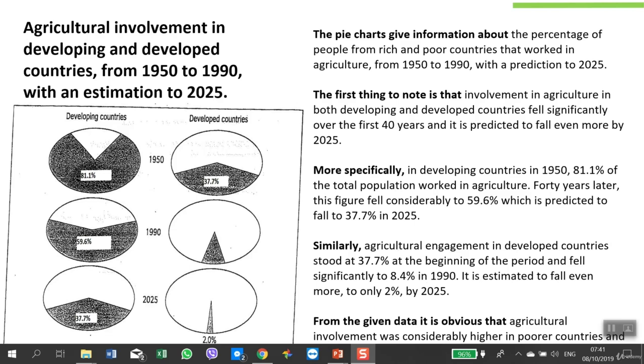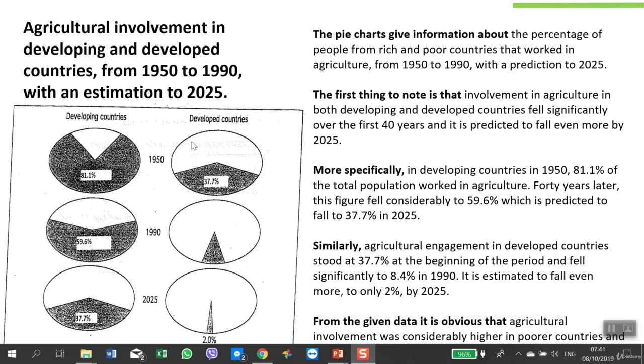So you can see we have connected the two last sentences with which is predicted to fall. So we've made a complex sentence as well, and we have used the future.